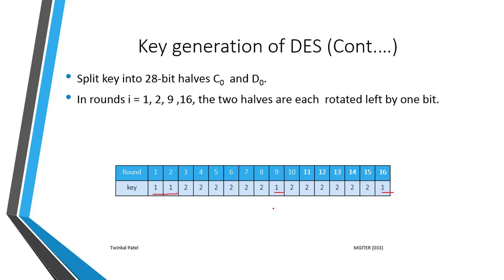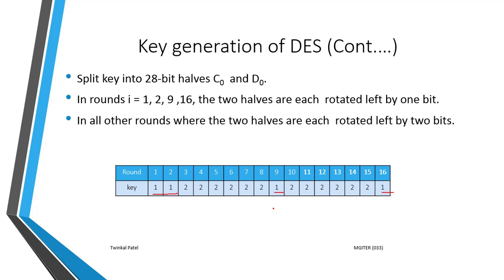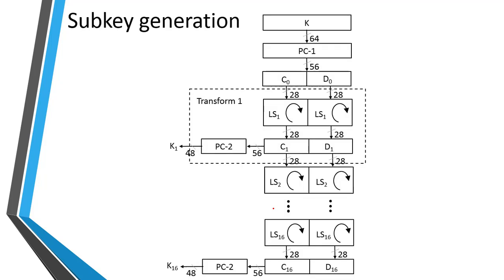So we have C0 and D0 of 28 bits. In rounds 1, 2, 9 and 16 we rotate left by 1 bit, and in all the other rounds we rotate by 2 bits. This shifted value is the input to the next round. In this way we get C1 and D1.